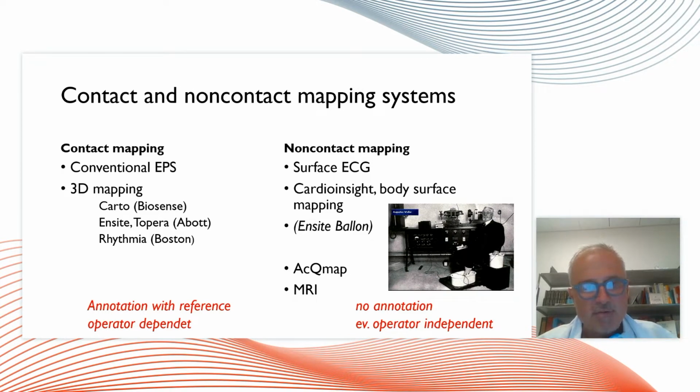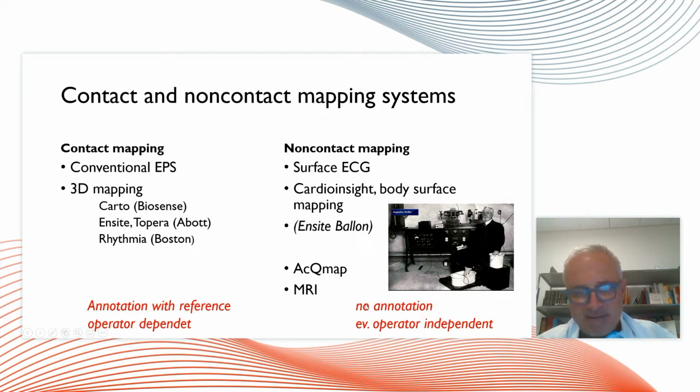Now, whenever you do 3D contact mapping, you have to keep in mind that you have a sequential mapping. So beat by beat, sequentially, you add up the information, and therefore you need an annotation with a reference. Whereas in non-contact mapping, you do not need an annotation.